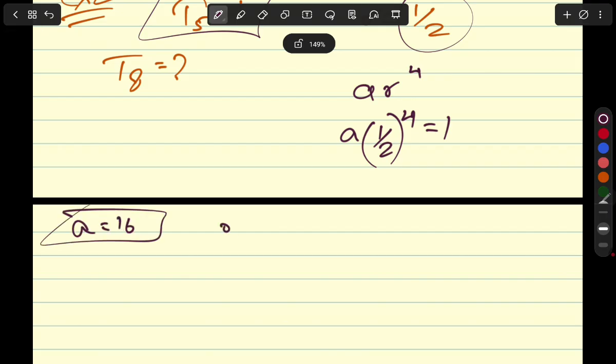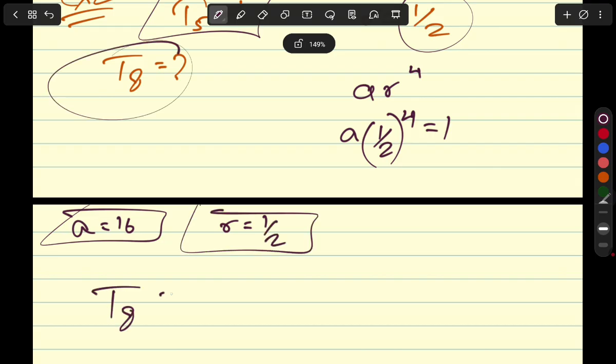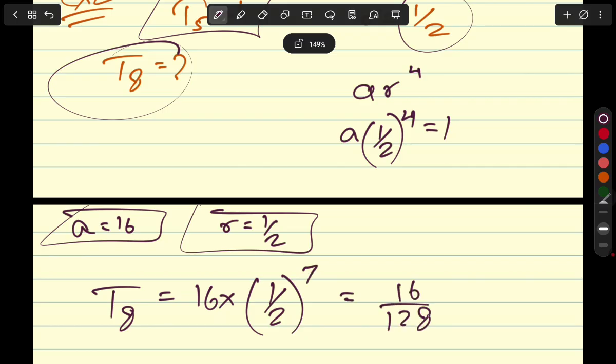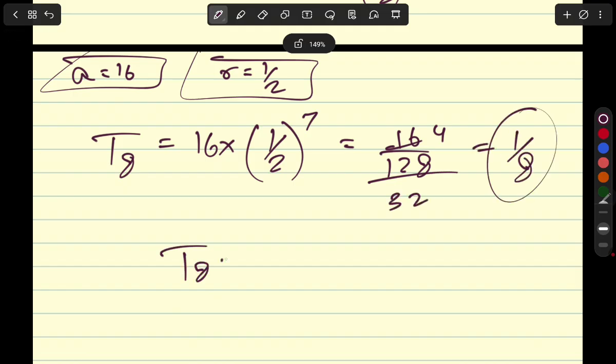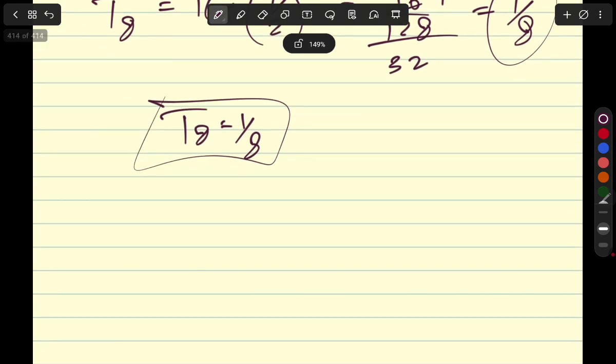So I have a, I have r, which is half, and I can find term 8 very easily. Term 8 is a multiplied by r to the power of 7, 8 minus 1, right? So 16 divided by 128, so that's 1/8. That's going to be my term 8: 1/8. Okay, so that's as simple as that.